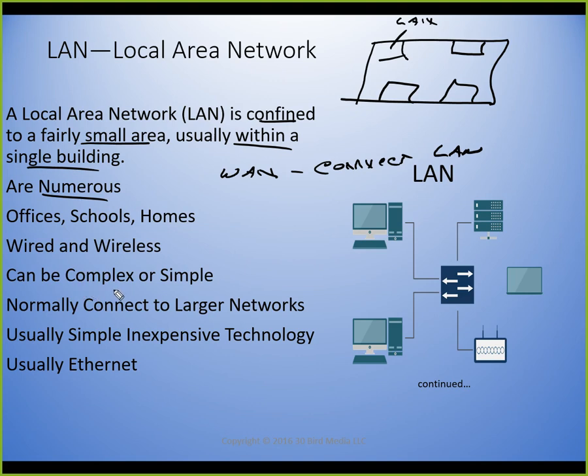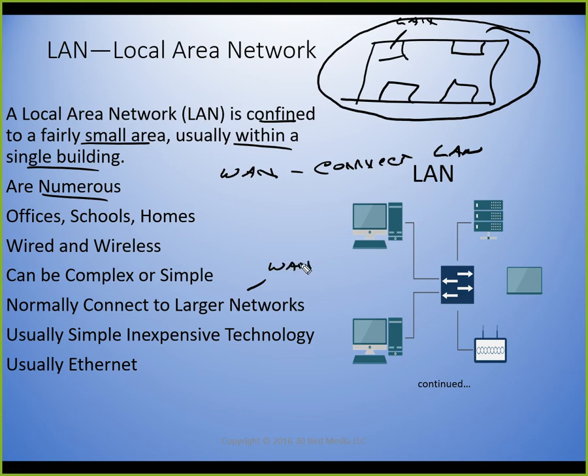If you have a lot of stuff, different IP subnets would be considered a LAN, although I said each of them was a LAN, and the whole thing is a LAN that we connect together. How complex is it? How many devices do we have? Are we using virtualization, for instance, to make it a little more complex? LANs normally connect to larger networks, which we'll say are WANs.